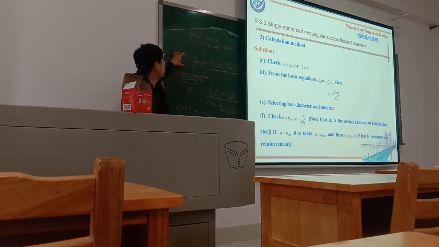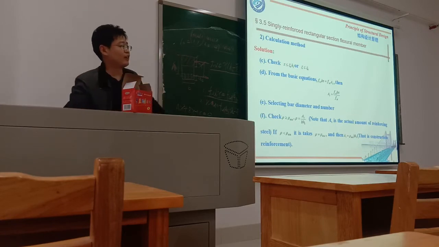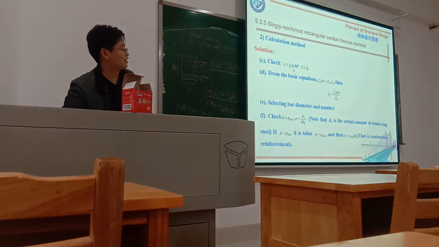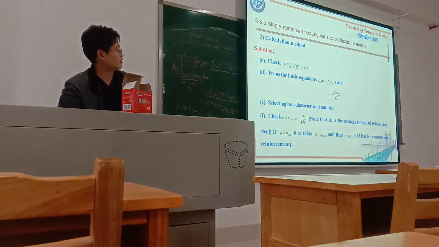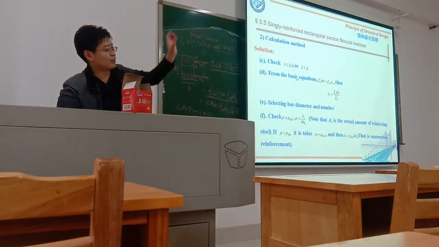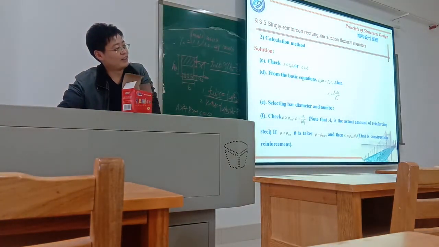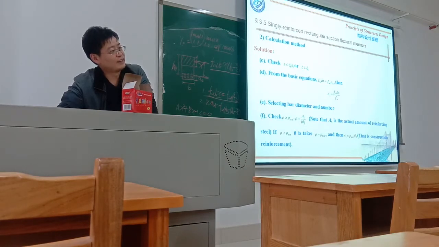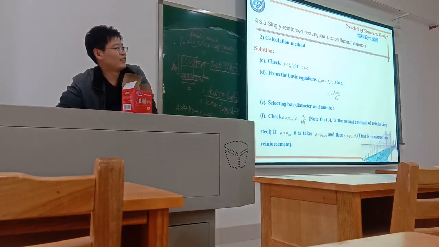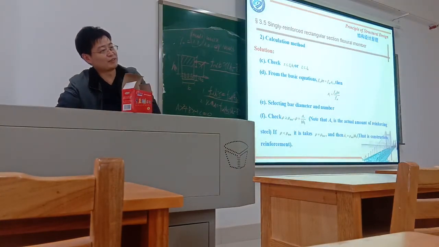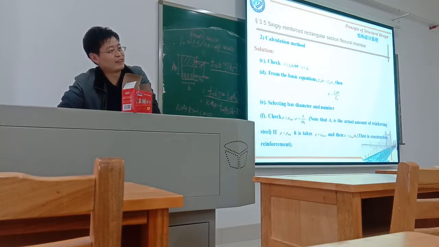Once we got this height of the compression area, why we check this? For the boundary condition. KCB is for the boundary condition. Boundary for what? Boundary for the over reinforcement and the under reinforcement. This one is the normal.